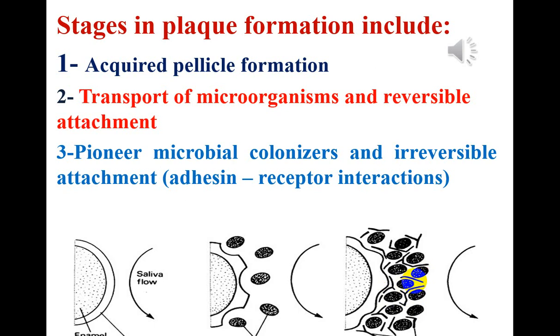The third stage in plaque formation is the irreversible attachment of what are known as pioneer microbial colonizers. Here, the type of interaction is through specific receptors present in the cell walls of bacteria and complementary receptor proteins on the pellicle surfaces.